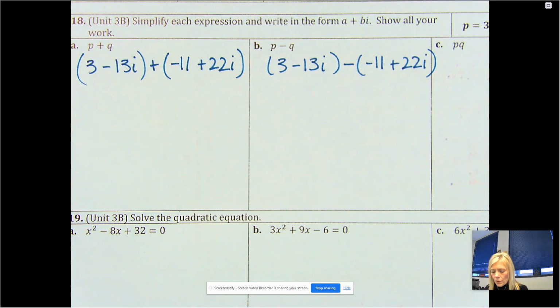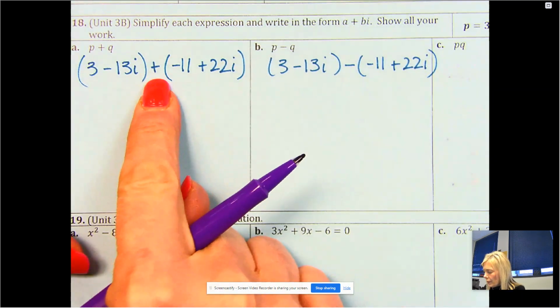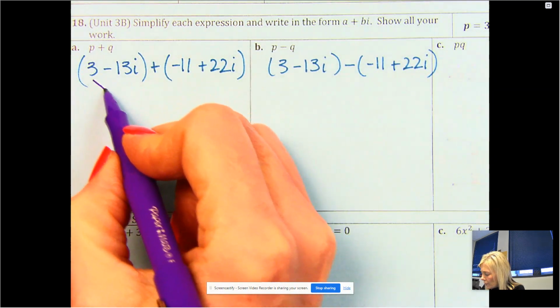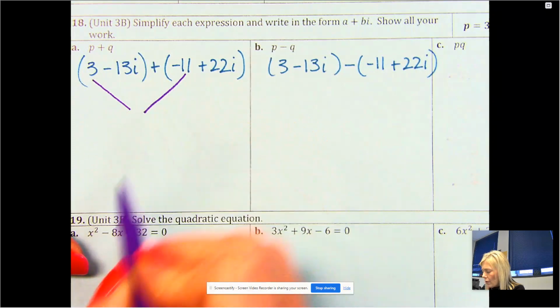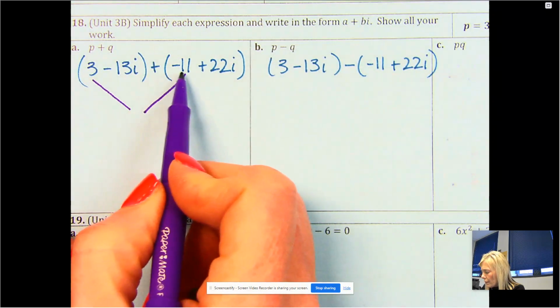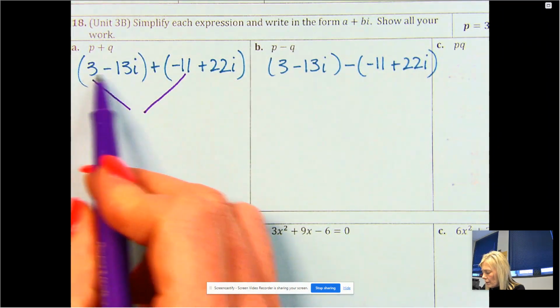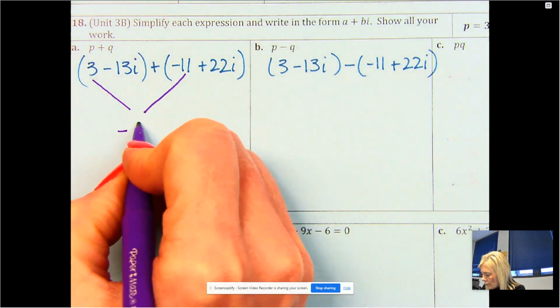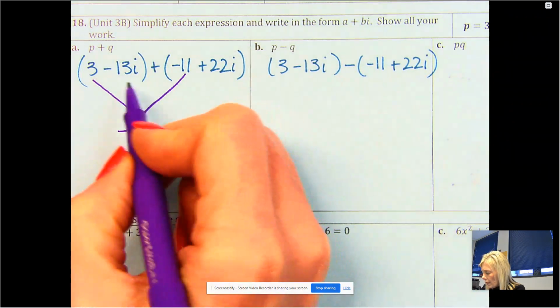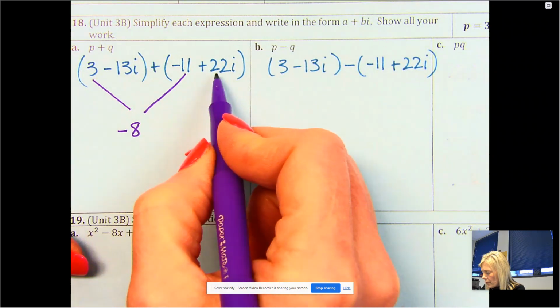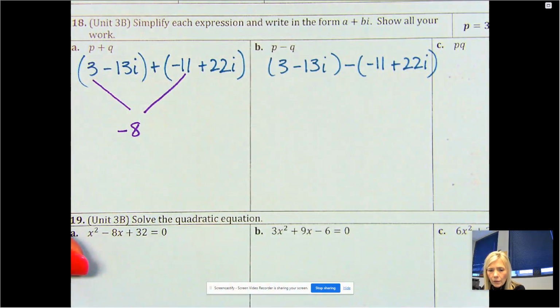Okay, so let's start with A, adding. When you are adding, you are simply combining the real numbers as they are. So 3 plus negative 11 is negative 8. And then negative 13i plus 22i, negative 13.